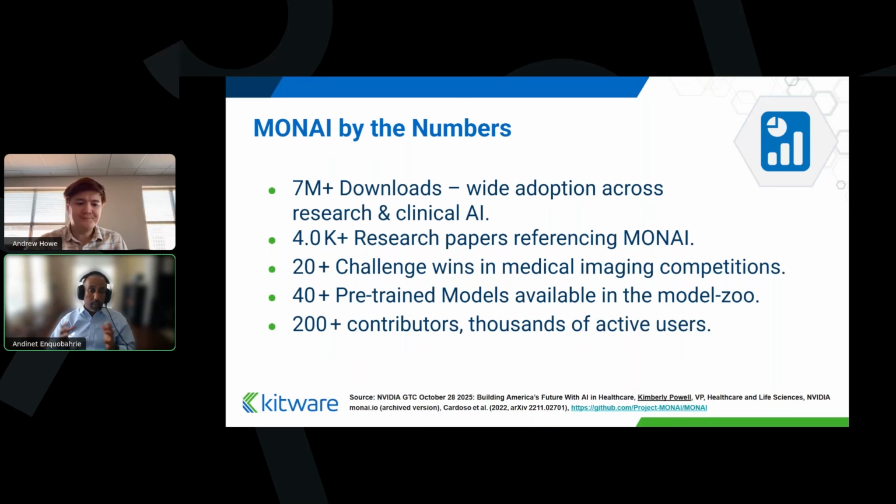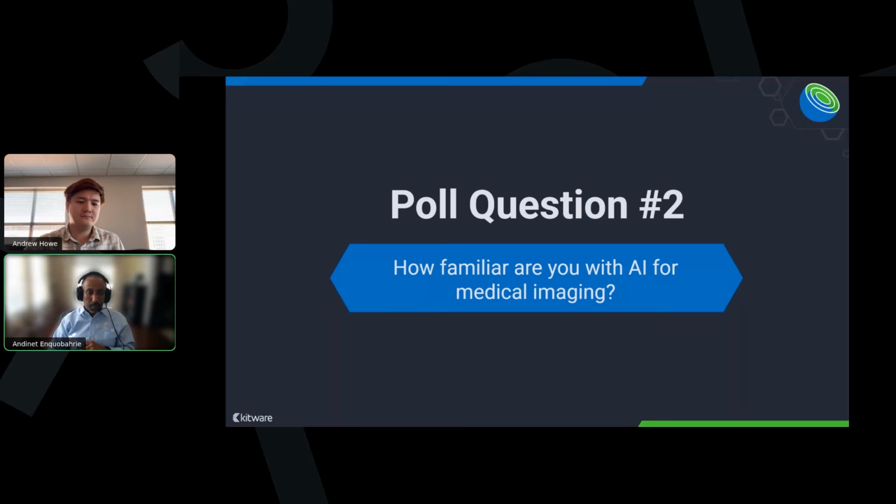Also, the community is growing. More than 200 researchers and developers have made contributions to MONAI. Besides these active contributors, thousands of active users are using MONAI for their research, application development, and product development.